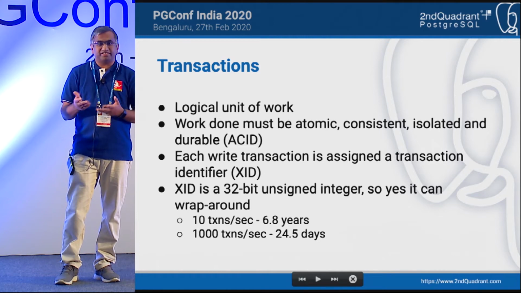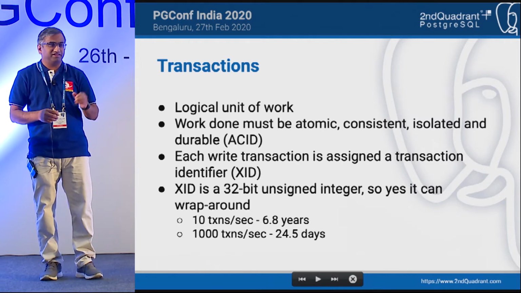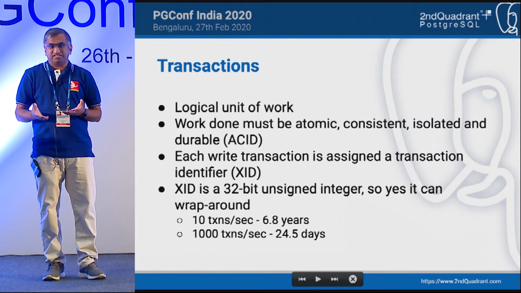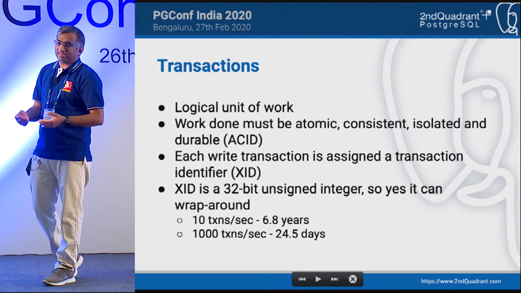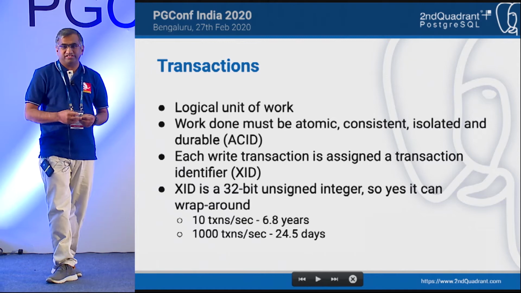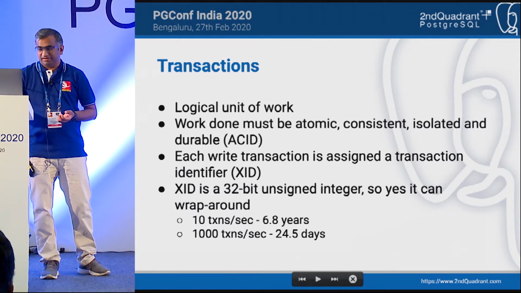If you are doing 10 transactions per second, it will take you 7 years to reach the limit of how many transactions you can represent in a 32-bit integer. But these days we know customers who are doing thousands of transactions per second, in which case it can take as little as 24 days before you run out of your transaction ID limits.